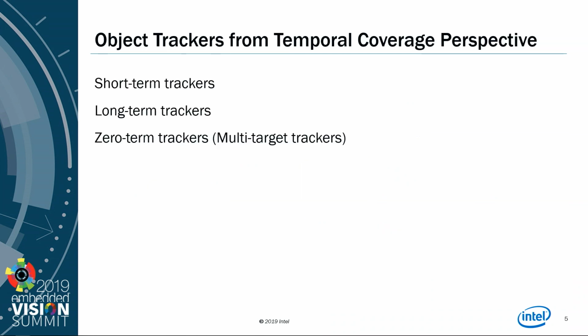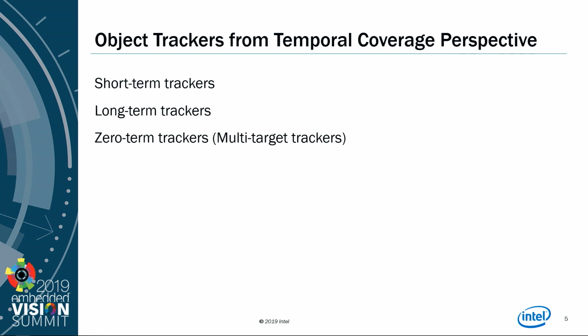So from application design perspective, what really matters is the characteristics of the trackers, and especially for how long we can use these trackers. So from this point of view, maybe we can categorize trackers into three different ones. The first one is the short-term trackers. In this case, we assume that tracker accuracy is below that of the object detectors.